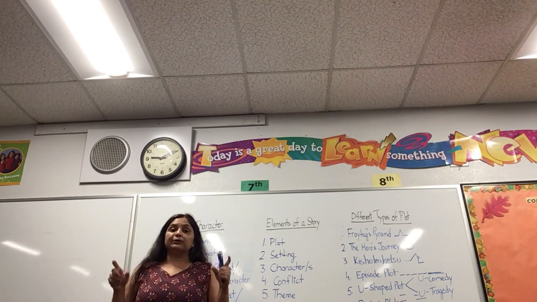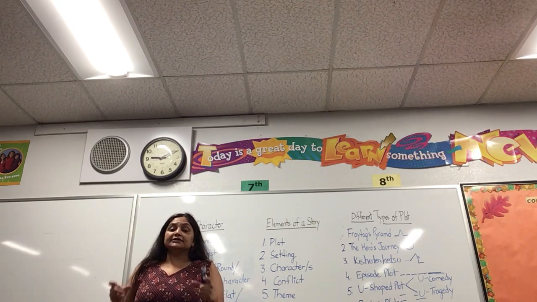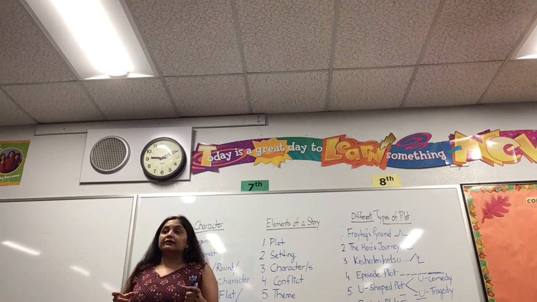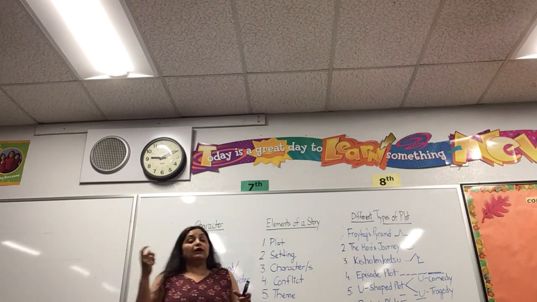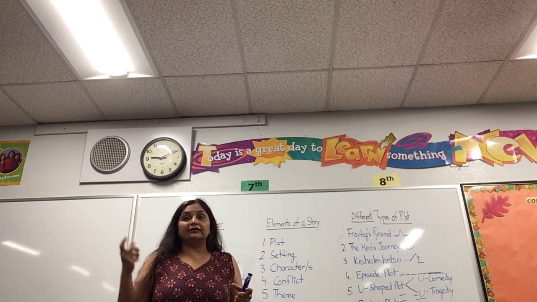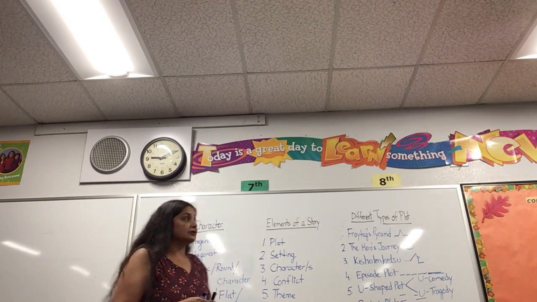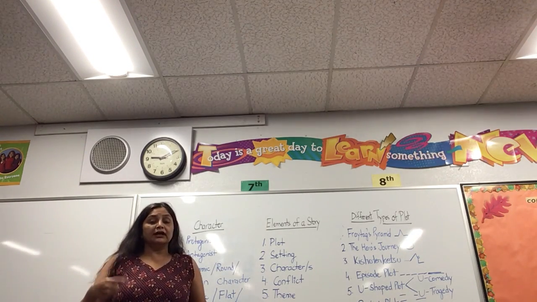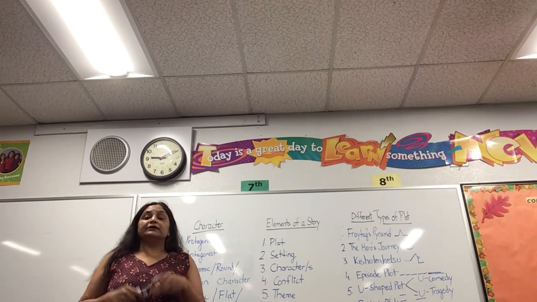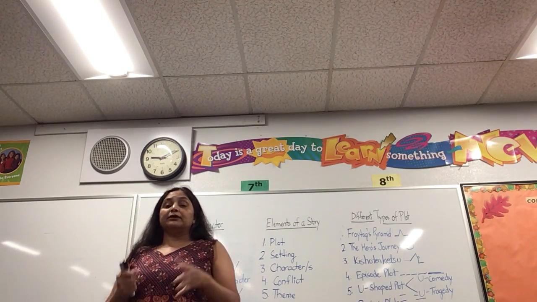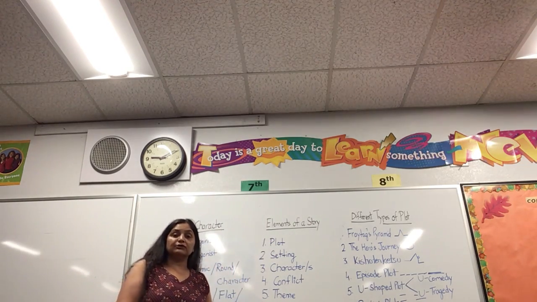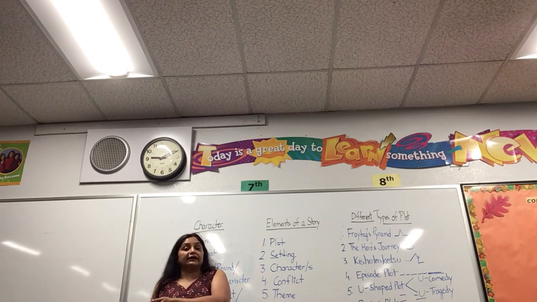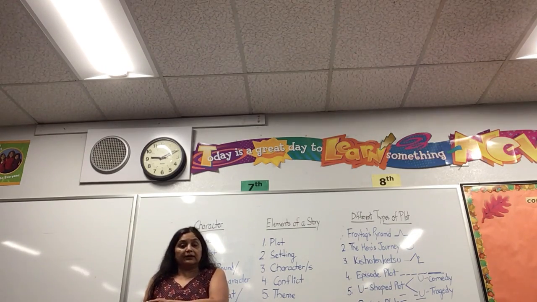Sometimes the character traits are written directly, and sometimes you have to make that inference, okay? That is indirect characterization. So we will talk about that more in my next lesson. So in my next lesson, we are going to talk about characterization, direct characterization and indirect characterization, okay?